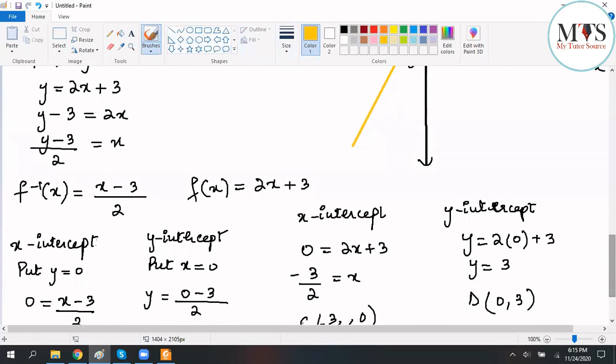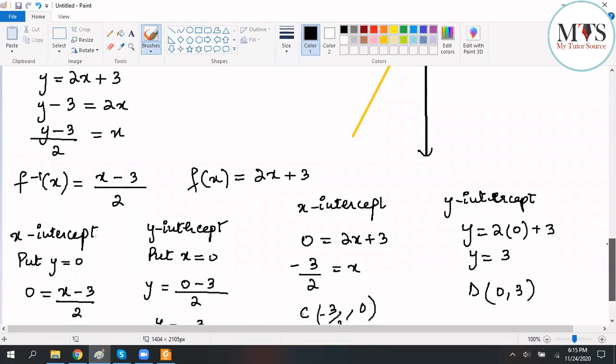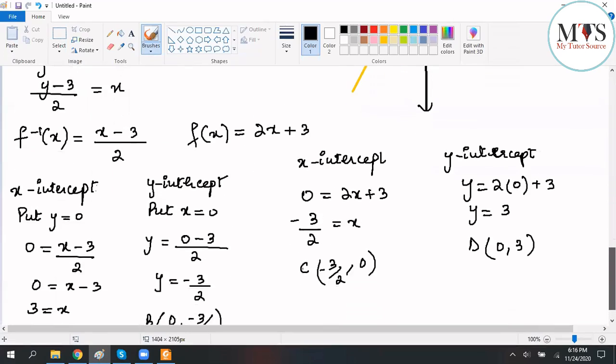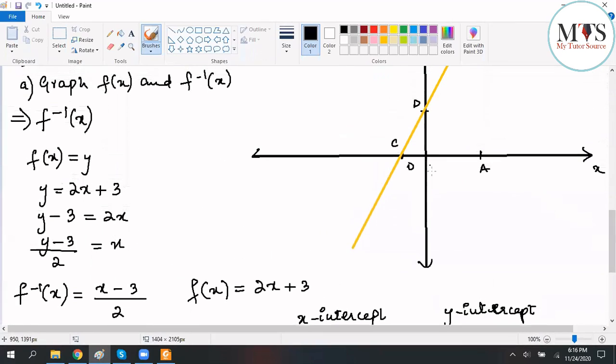And for the other one, it's 3, 0. So that's going to be, let's say, over here. And 0, -3/2. So let's suppose that is over here. So we once again connect the points.